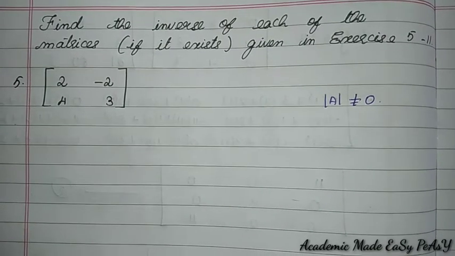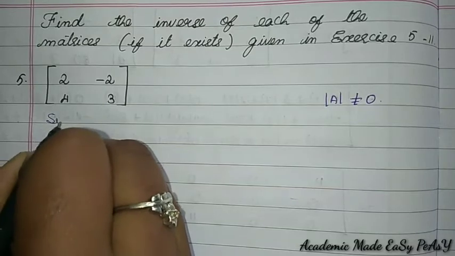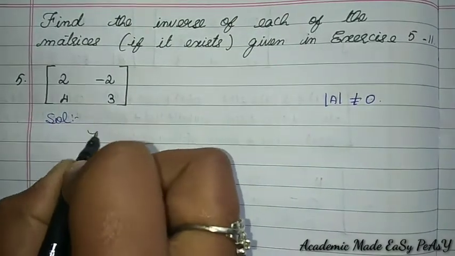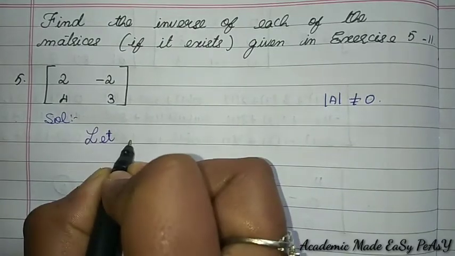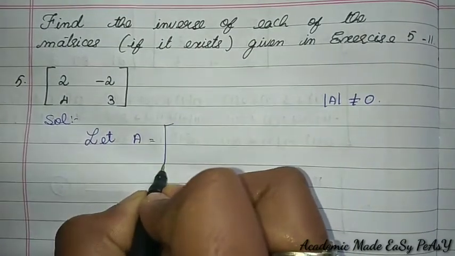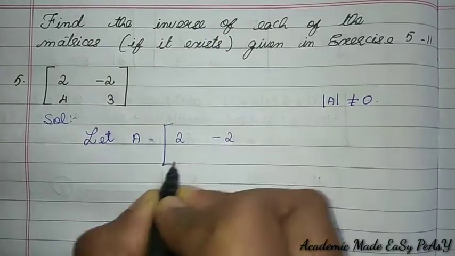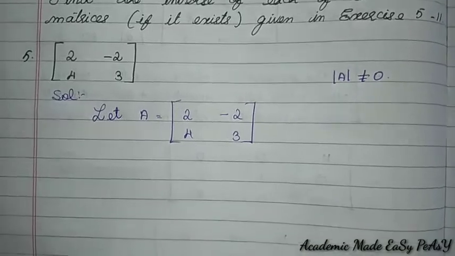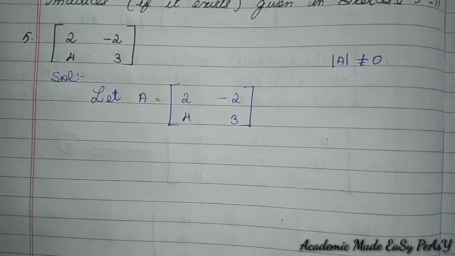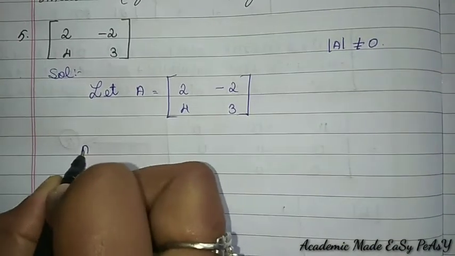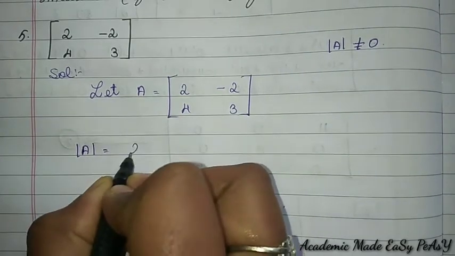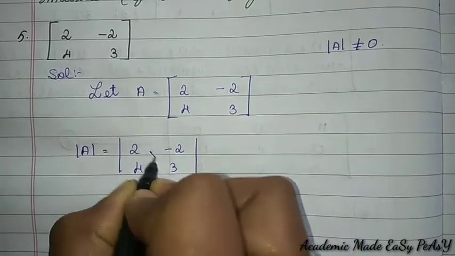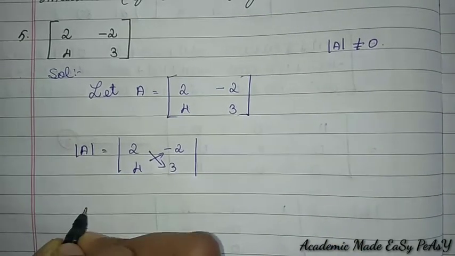So now let's move on to the solution. Let the given matrix be A. So my A matrix is equal to 2 minus 2 4 3. Now I will be finding the determinant of the given matrix. So determinant of A is equal to 2 minus 2 4 3. I will be using the x method in order to find the solution.